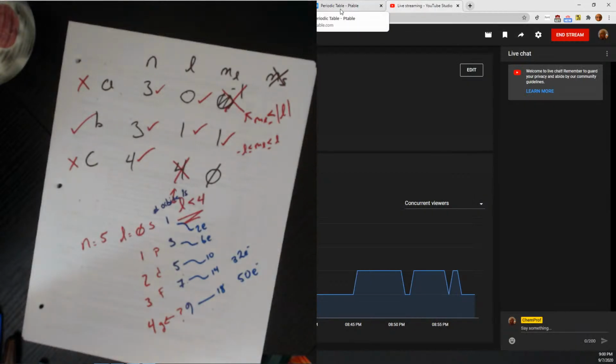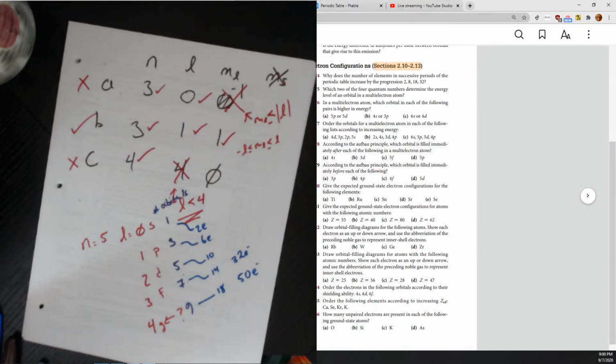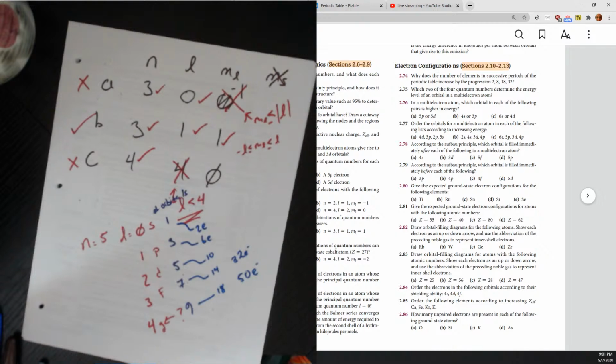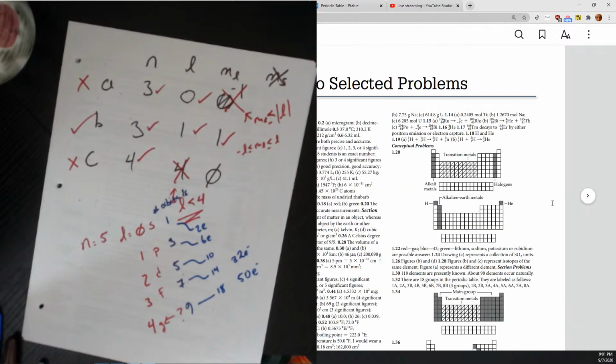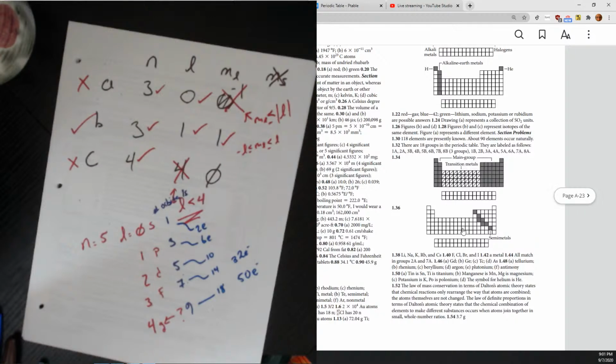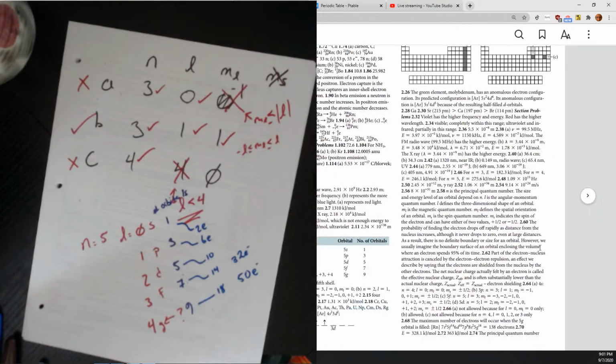Oops, that's what I wanted to look at, and yeah, okay. So actually I'm going to pop to the back of the book and see what they expect from this problem. All right, so appendix, answers to selected problems. We're going to chapter 2, question 68. It will occur when the 5g orbital is filled, and thus you would expect the total number of electrons, not just the number of electrons in that.